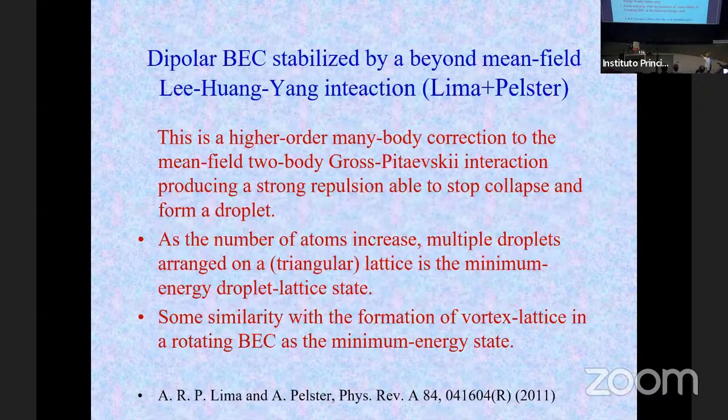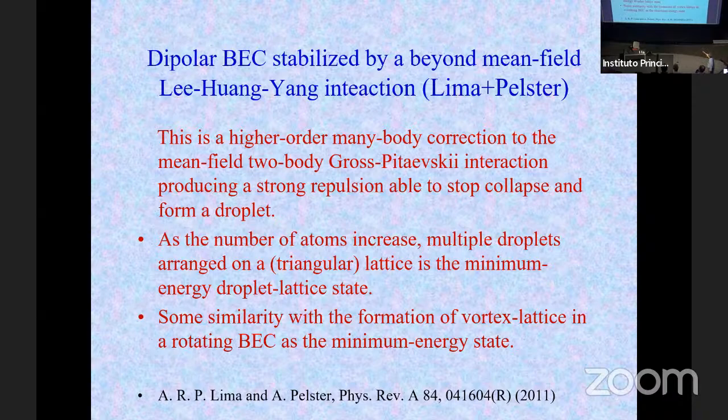So the dipolar BEC is stabilized by beyond mean field corrections, because the Gross-Pitaevskii equation is true in the very weak coupling limit, when the gas parameter, the scattering length times density to the power 1/3, is very small. But if it is large, then higher order quantum corrections are important.